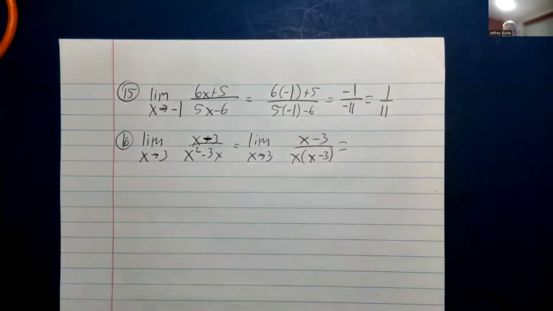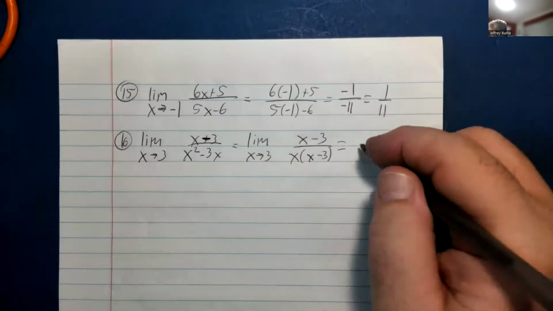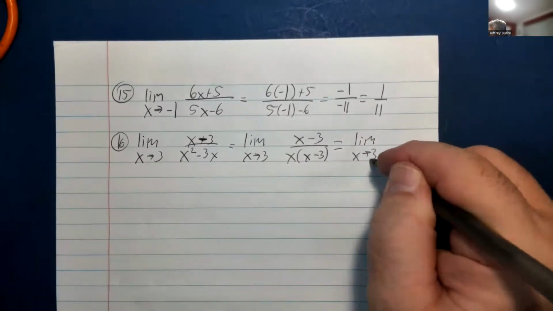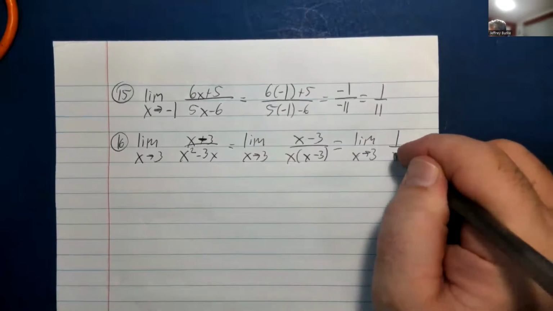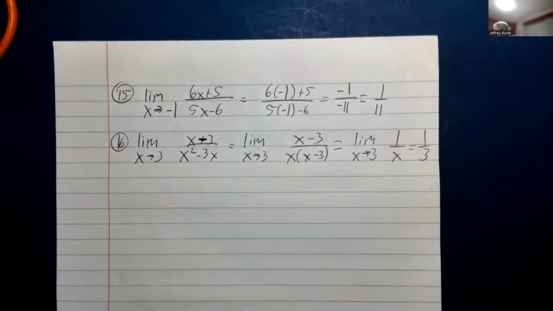I'm looking at the solution, and the solution has it as non-existing. But I feel like if I reduce top and bottom, I'm going to get the limit as x approaches 3 of 1 over x. And this should give me 1 over 3.